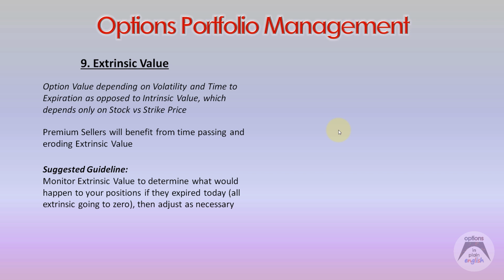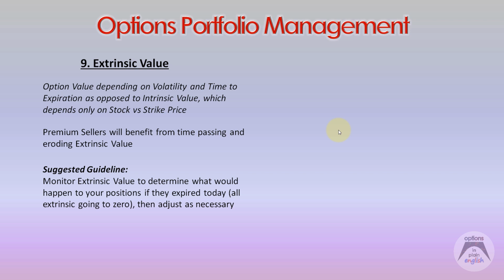So if there's an underlying that's trading at $100 and you buy the $100 call, for example, for $5, and it stays at $100 in underlying price, but now the option is trading at only $3, you're losing $2.